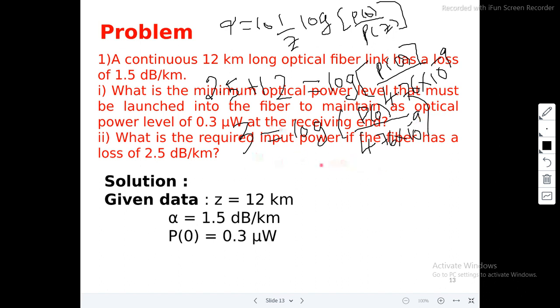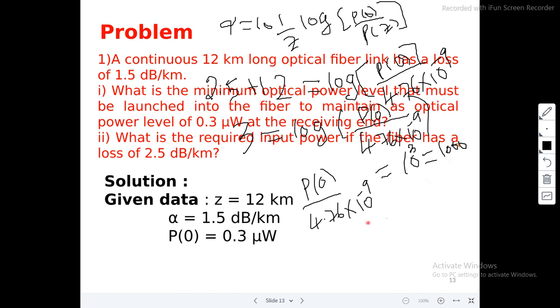So you can cancel the logarithmic, you take the value as 10 to the power of 3. So P of 0 by 4.76 into 10 to the power of minus 9 is equal to 10 cube. What is the value of 10 cube? 10 cube is nothing but 1000. Okay?